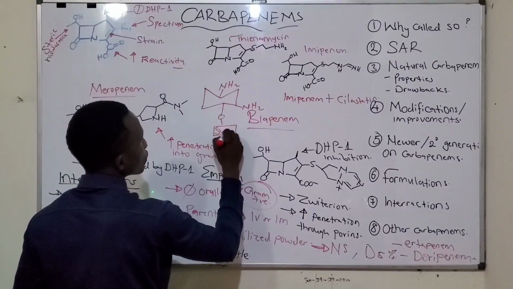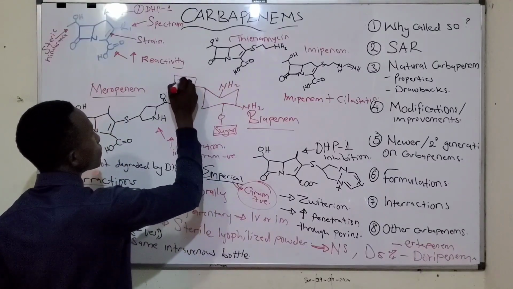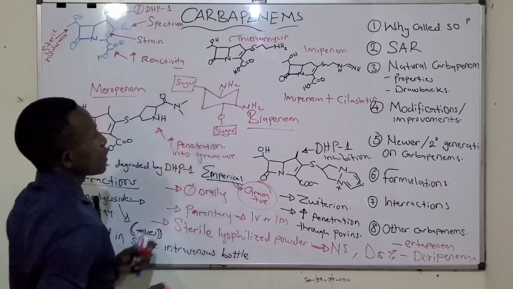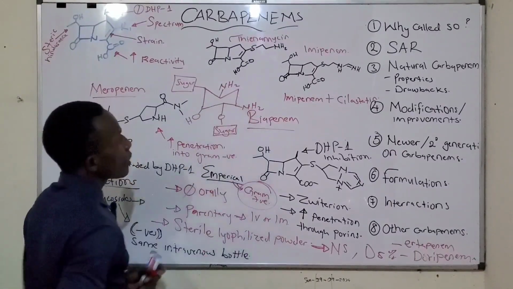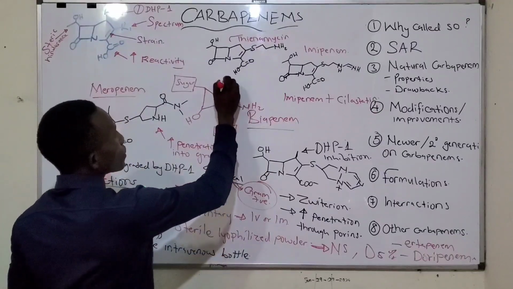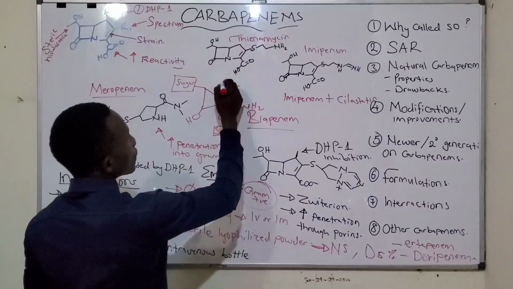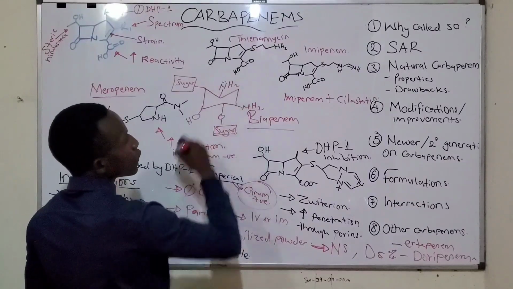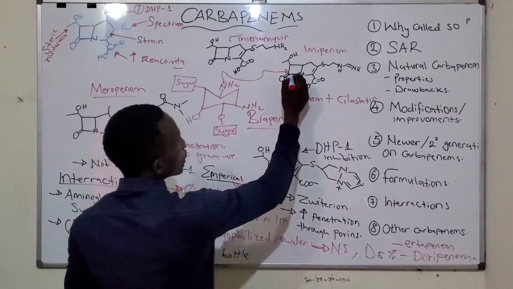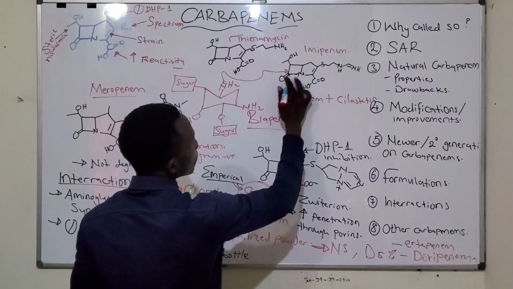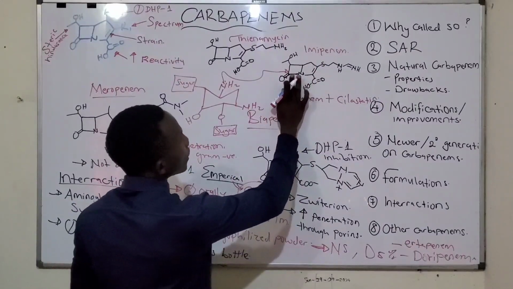It is a sugar. And also at this position, you have a sugar. In the case of gentamicin, this is gentamicin. The N at position 1, this is position 1, this is 2, 3, 4, 5, 6, acts as a nucleophile, meaning that it can attack the beta-lactam ring, so that we shall have the opening of this ring of the carbapenem, meaning that at the end we shall have this.